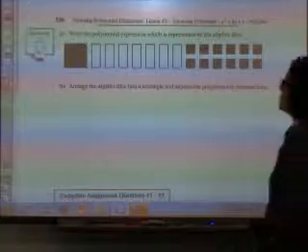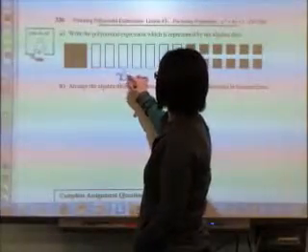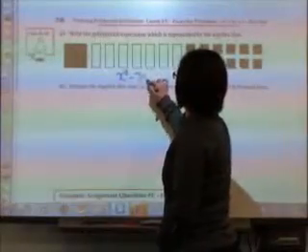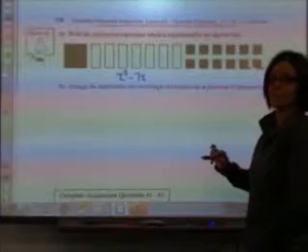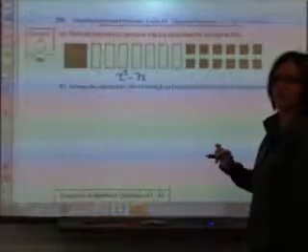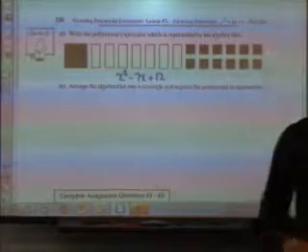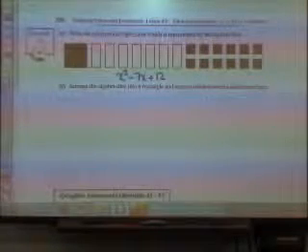X squared. Negative 7x. Cool. It's plus 12. Okay, so again, I want you to try to arrange your algebra tiles to make a rectangle.